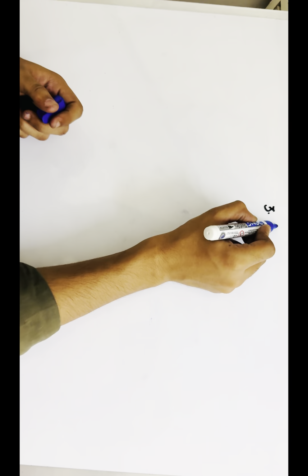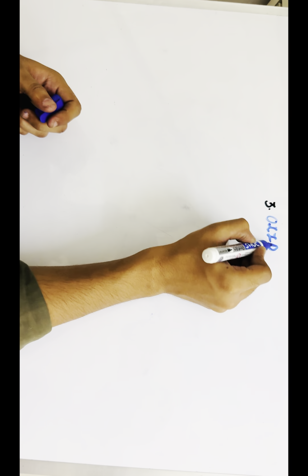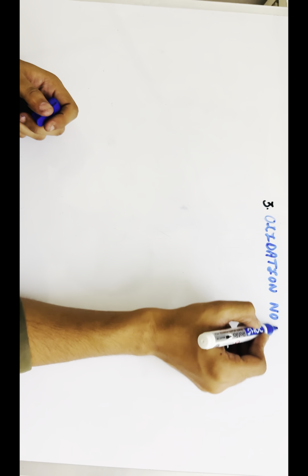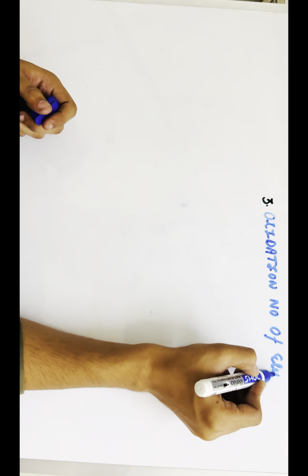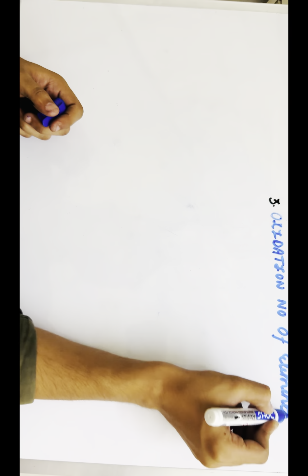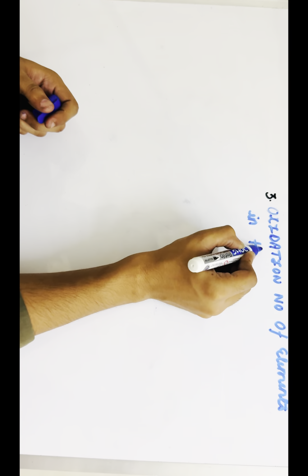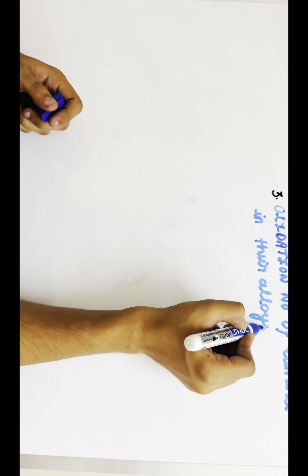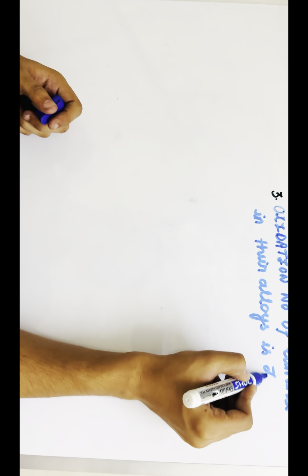Now let's come to the third rule. Oxidation number of elements in their alloy is 0.